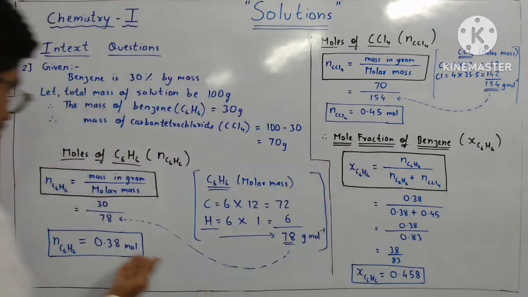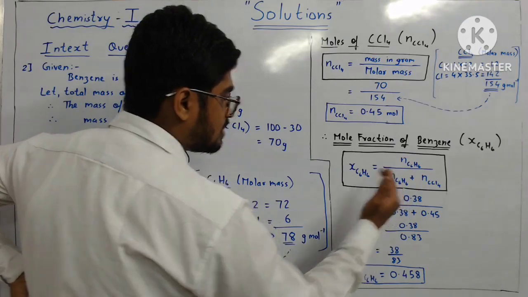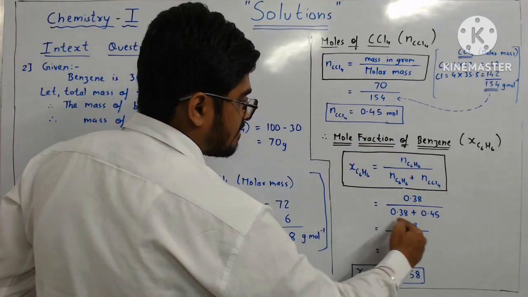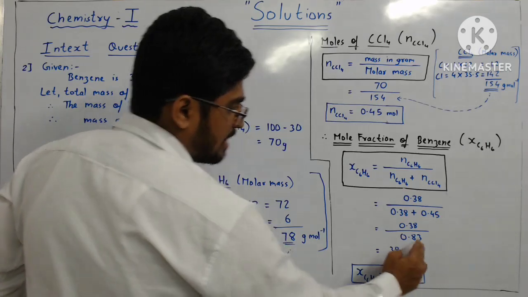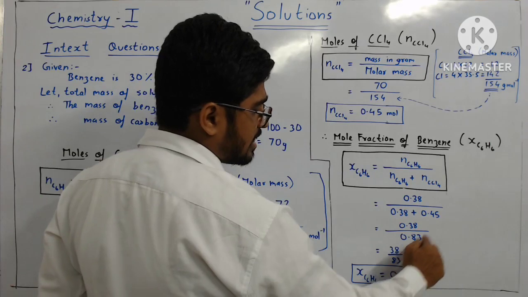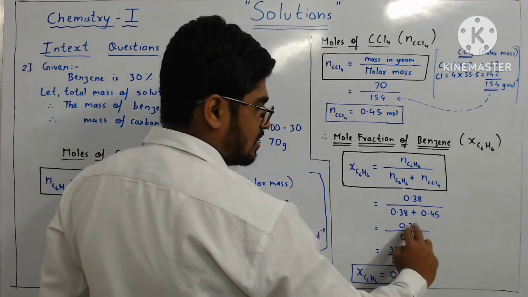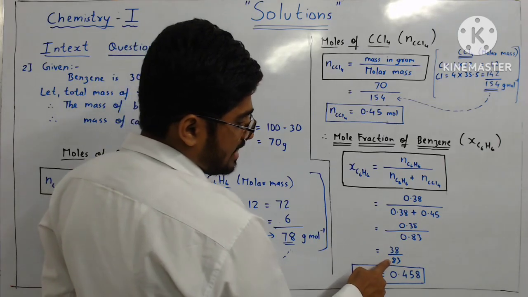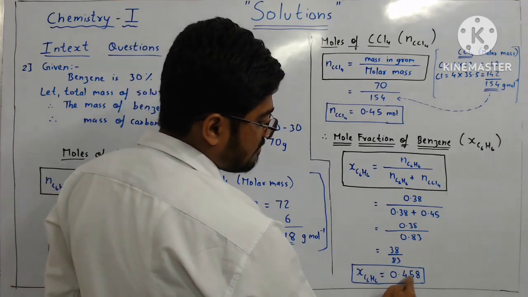So keep this value here and this value here. 0.38, and if you add both these things, you will get this. Do one thing: take two digits after the decimal point, then multiply and divide by 100, so two points will be shifted. Then you get 38 divided by 83, and the final answer is 0.458.